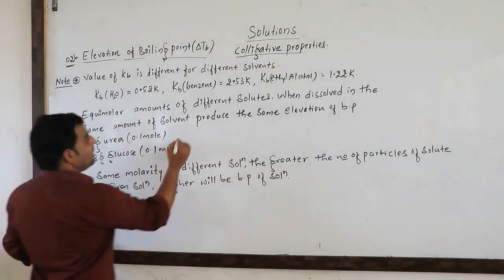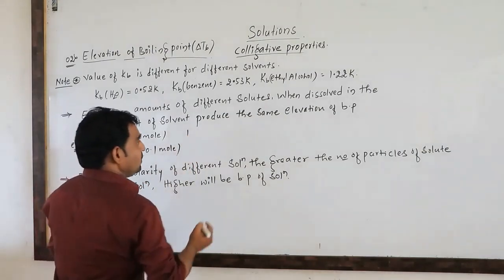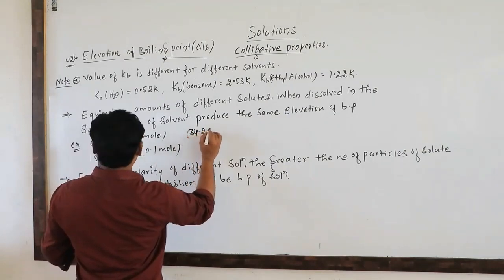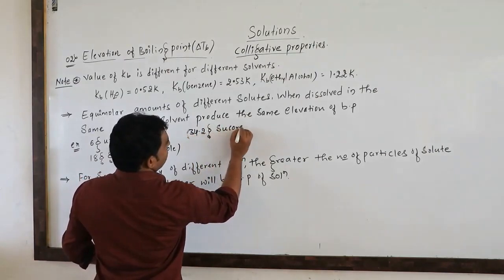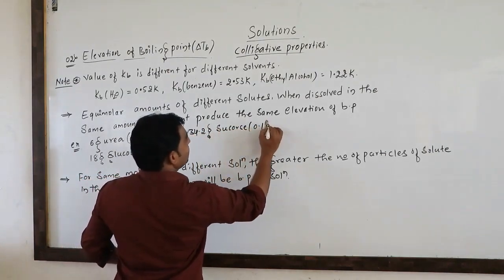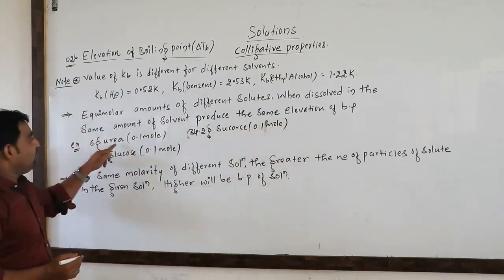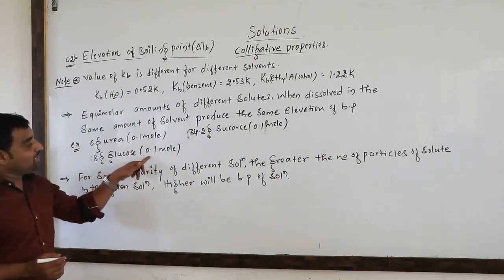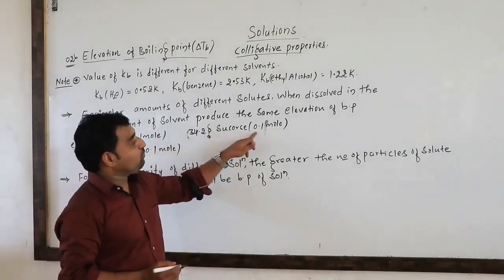And one more, sucrose, 34.2 gram of sucrose having 0.1 mole. These three solutes: 6 gram of urea is 0.1 mole, 18 gram of glucose is 0.1 mole, 34.2 gram of sucrose is 0.1 mole.